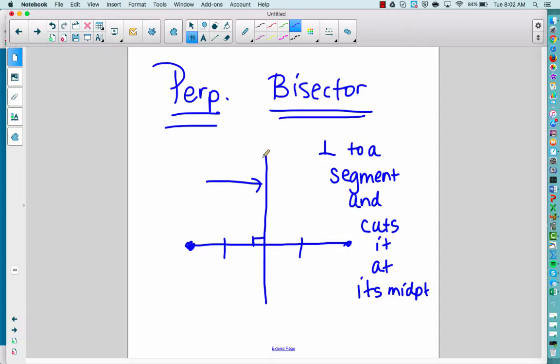So this segment right here is a perpendicular bisector. All right, we're going to be talking about that more in class in the coming weeks.